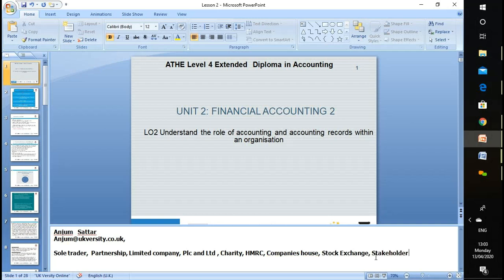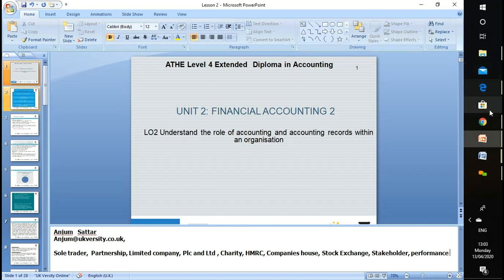Others can be stakeholder requirements. So for all these purposes we need to keep records and measure the performance of companies and businesses. Record keeping is very important in business to make various decisions.